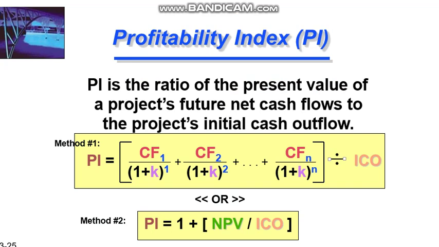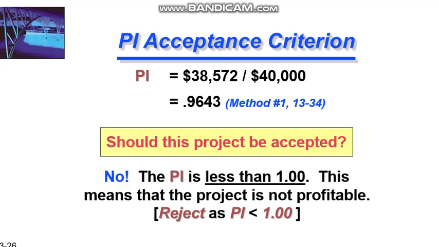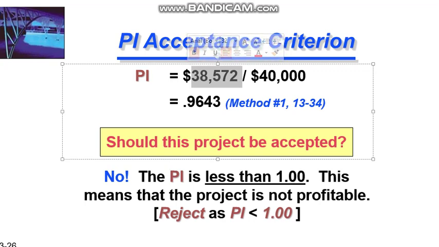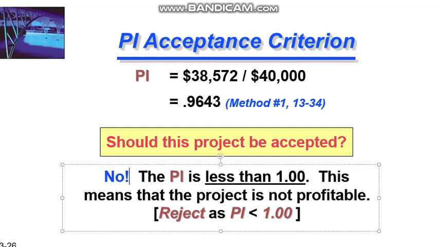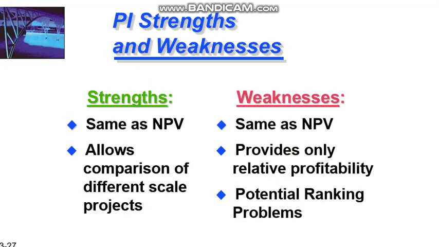So we got the present value of all cash inflows and divided it by the outflows. We got 0.9643. The acceptance criterion for the profitability index is that less than 1 is not accepted, so that is a straight no for that too. Same as NPV, a strength is that it allows comparison of projects of different scales, and the weaknesses are the same as NPV, and it provides only a relative profitability index and has a potential ranking problem.